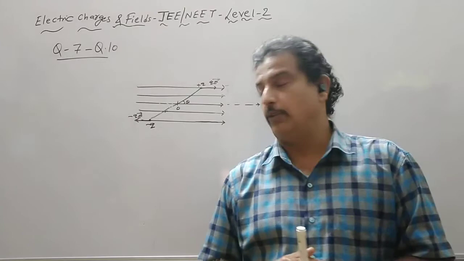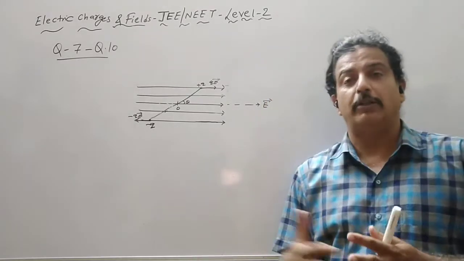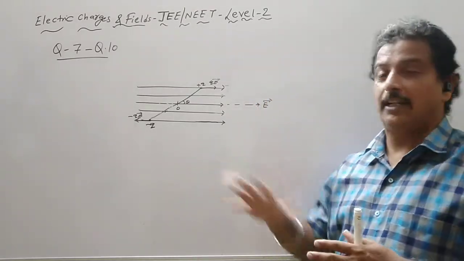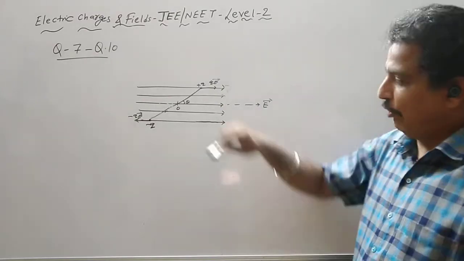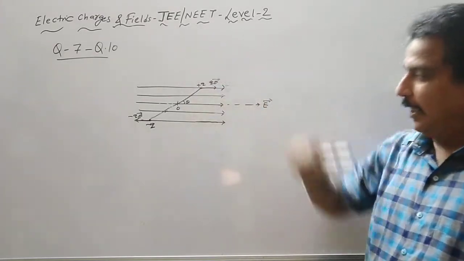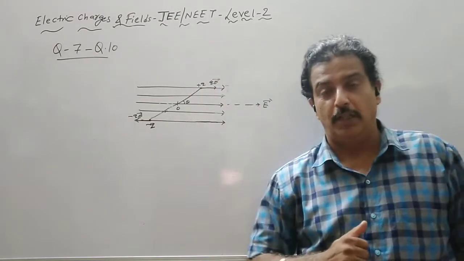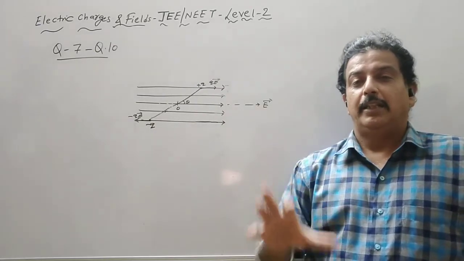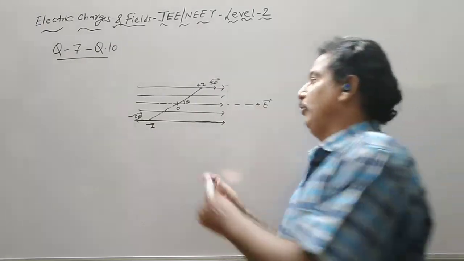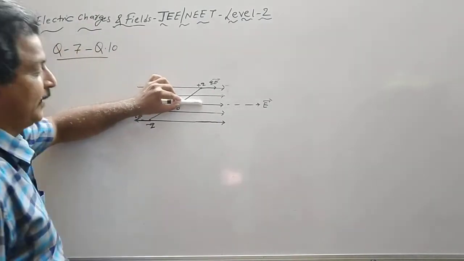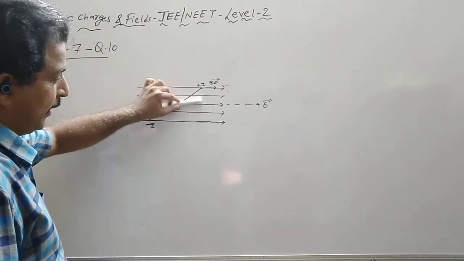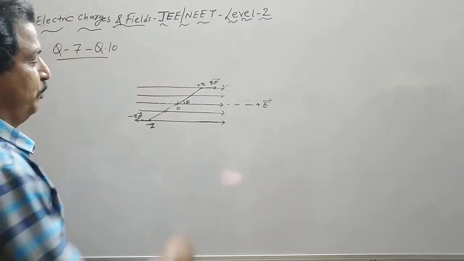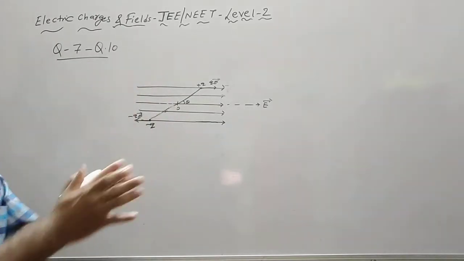You have to do work to rotate it in an external electric field. But after rotating by a small angle, we are assuming theta is very small, and if it is left free, it will not come and stop at this point. First it will oscillate about its mean position and then it will come to rest.